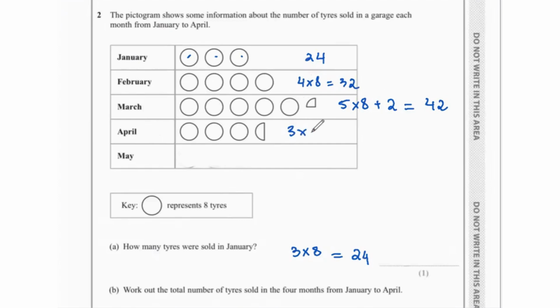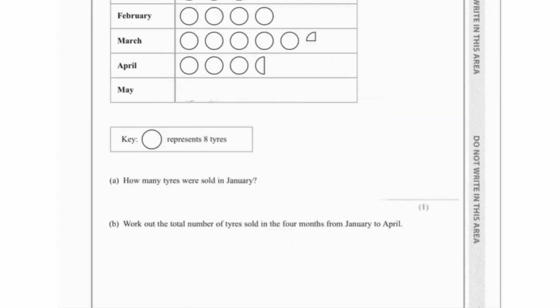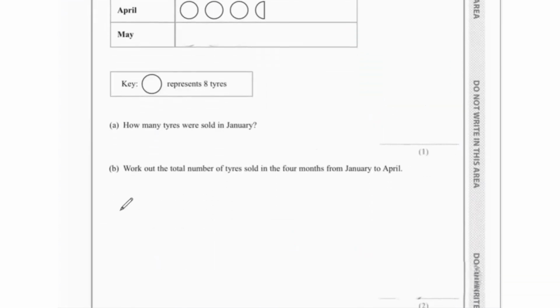So 3 times 8 plus 4, that's 28. So total is going to be the sum of all of these. So we do 24 plus 32 plus 42 and then plus 28. That gives us 126 as the total number of tires from Jan to April.